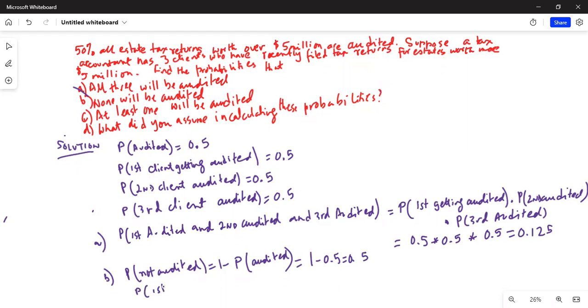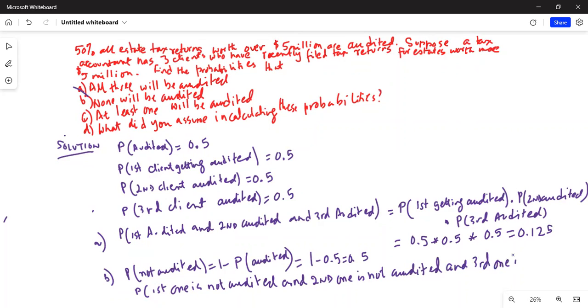So the probability that the first one is not audited, and the second one is not audited, and the third one is not audited.